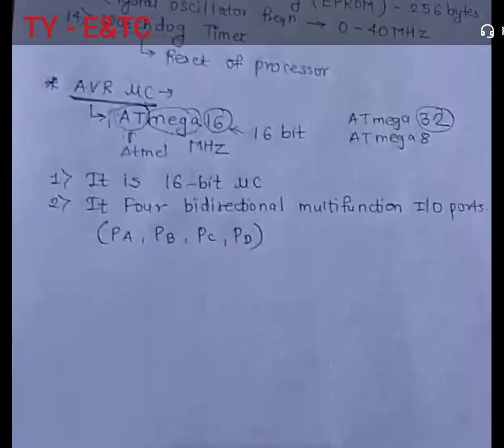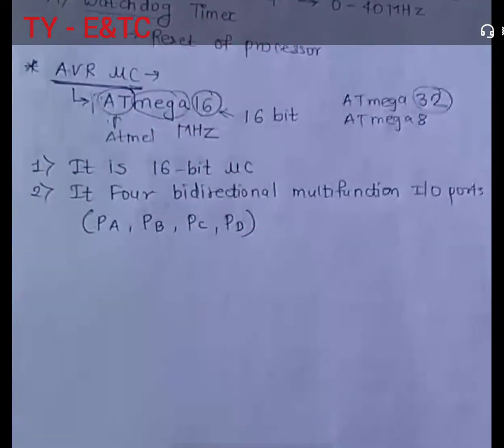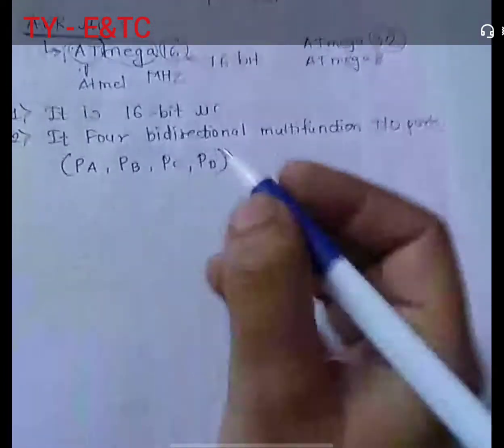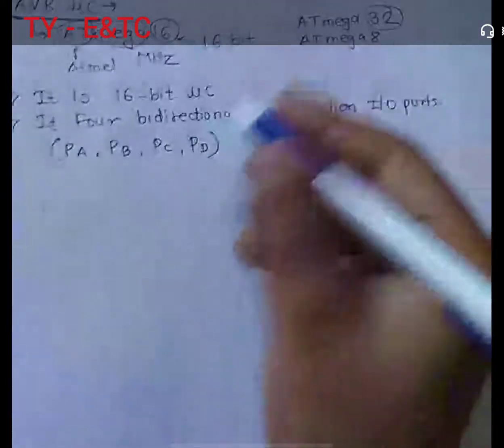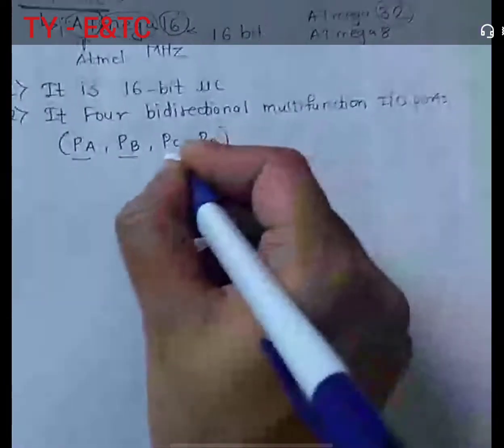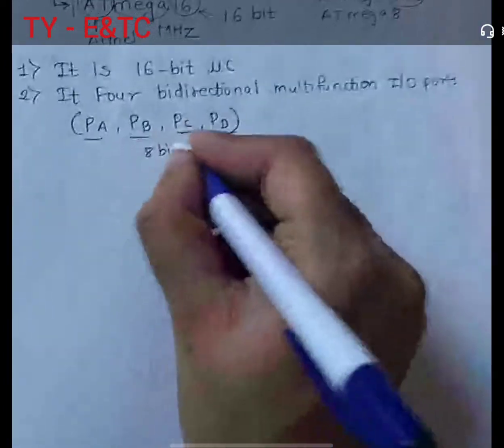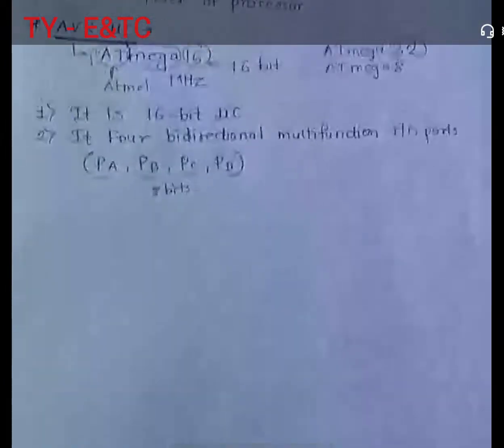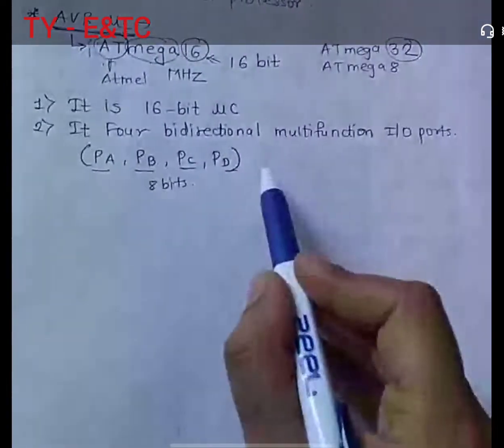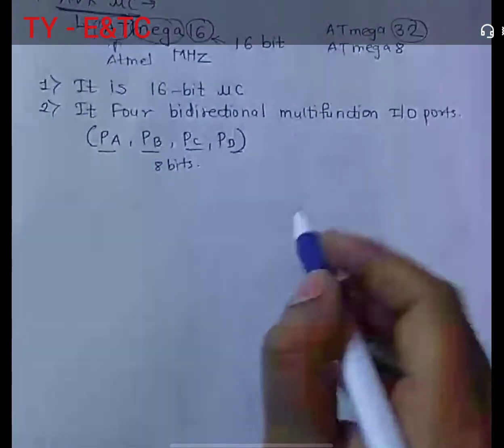Again we have 4 ports: port A, port B, port C, and port D. Now in all the 4 ports, the size of each port is again 8 bits. How much? 8 bit. Just like 89C51, all the 4 ports are having the size of 8 bit.